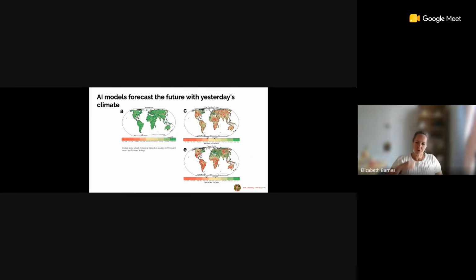So this is some work that recently came out by my PhD student, Jacob Landsberg, that I'm very excited about. The idea here is that we talk a lot about the fact that these AI models are being trained on past data, but being used to forecast the future, and that climate is changing. And so the question is, will our models trained today generalize to future climates?